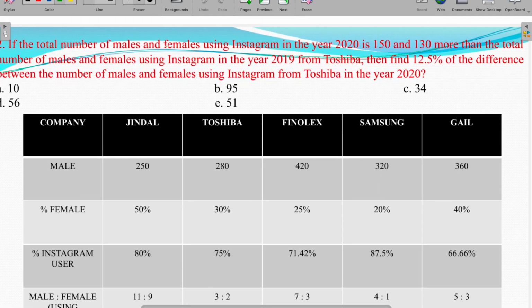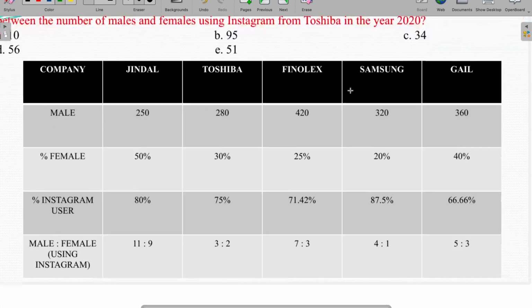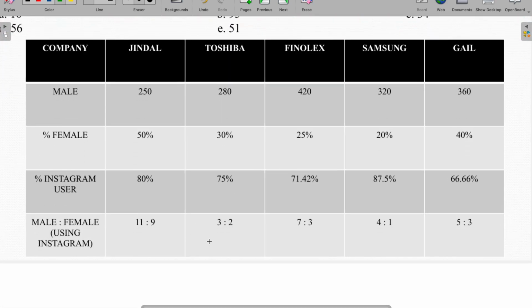If the total number of male and female employees using Instagram in the year 2020 is 150 and 130 more than the total number of males and females using Instagram in the year 2019 from Toshiba. Let's take Toshiba first. In Toshiba, how many males are using, how many females are using? Males are using 180 members.